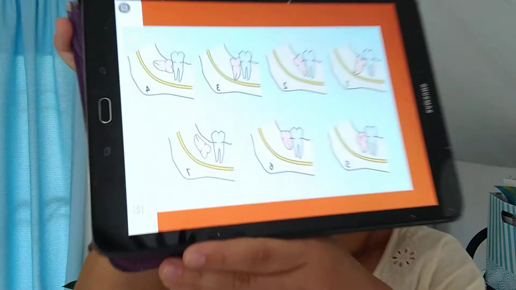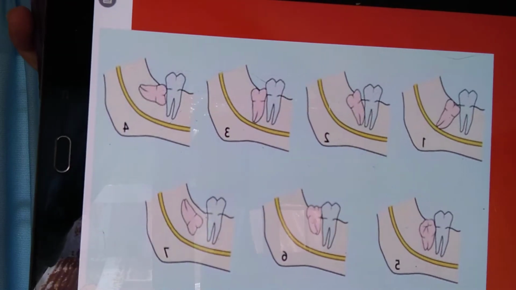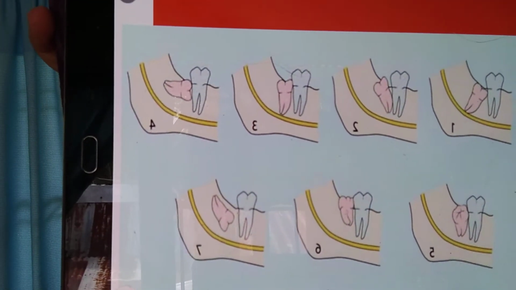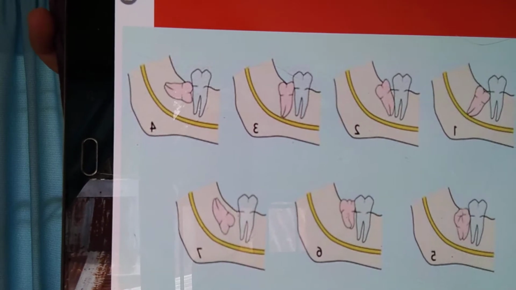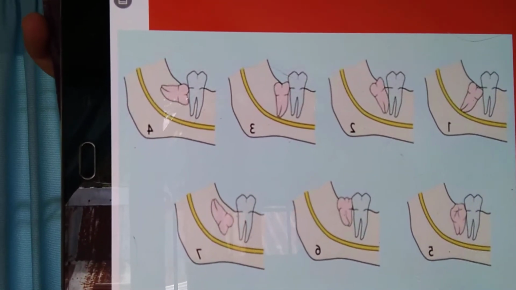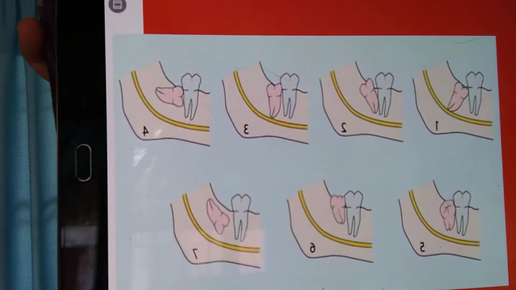Number 1, we have the mesioangular position, 2 distoangular, vertical, horizontal, buccoangular, linguoangular, and inverted. Another classification is presented by Pell and Gregory 1933.